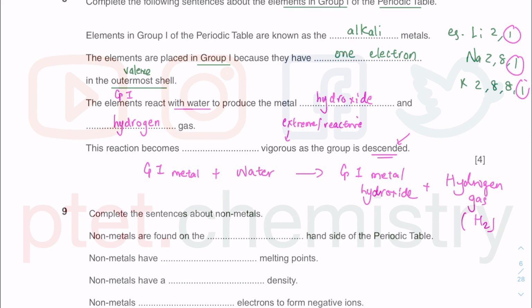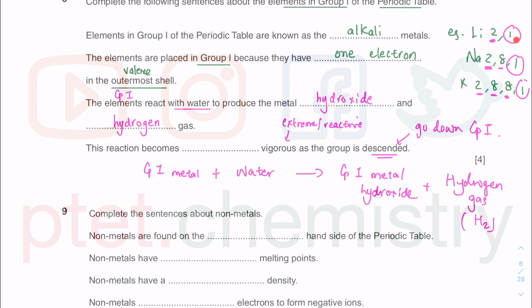Descended means go down the group. As you go down group 1, these electrons are easier to lose because the electrons are further away from the nucleus. One shell, 2 shells, 3 shells. Your nucleus, which contains your protons, becomes less attracted to the valence electron.